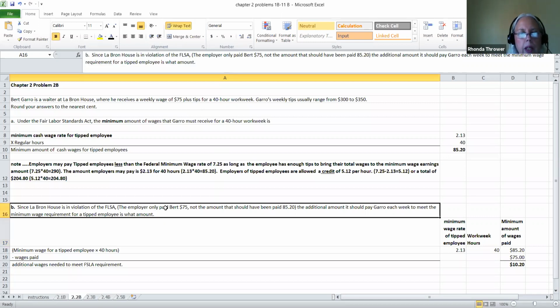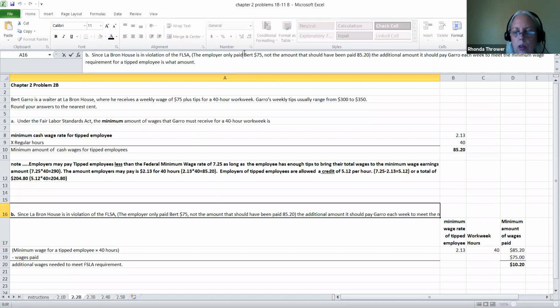So the employer only paid Bert $75, not the amount that should have been paid, which is $85.20.